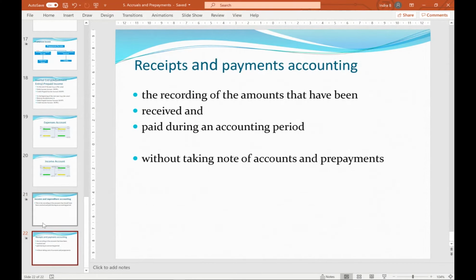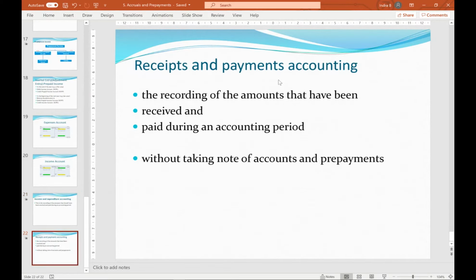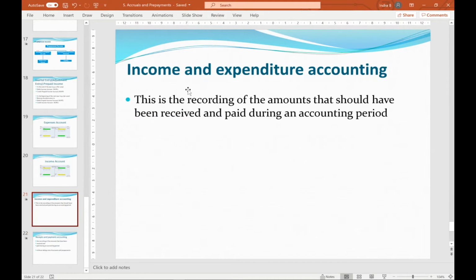Sometimes we make an income and expenditure account, and sometimes we make a receipts and payment account. So these two types of accounting are there normally. That also we see in the rules of accounting, chapter 8. Actually, all rules are put there, while they should have been segregated in each of the chapters. But well, for your understanding, we either do income and expenditure accounting, or we call it receipts and payment accounting.